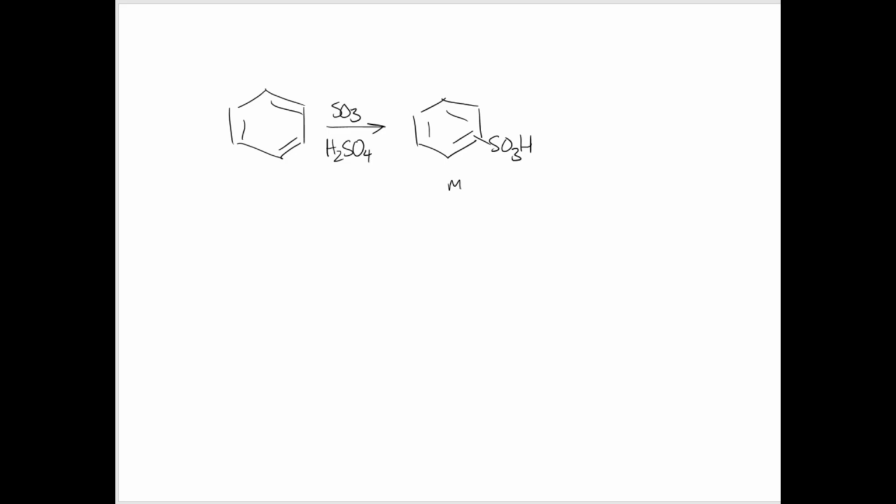meta director. So then I could say, well, let's go ahead and just put generically any alkyl halide and aluminum trichloride or iron trichloride, and let me put my R group, because my SO3H group is going to direct that into the meta position.